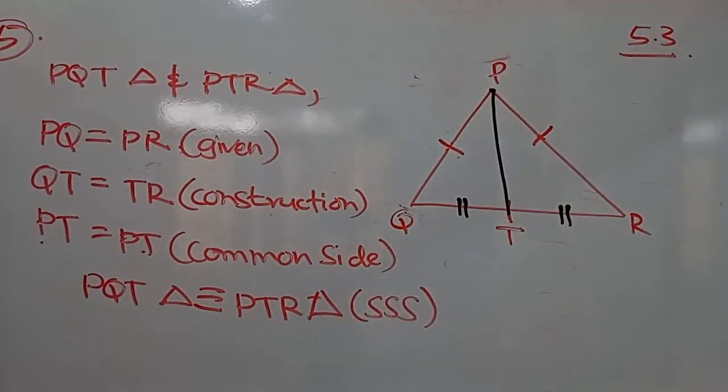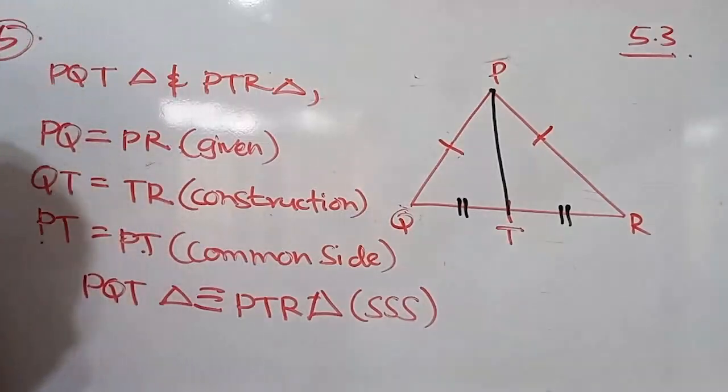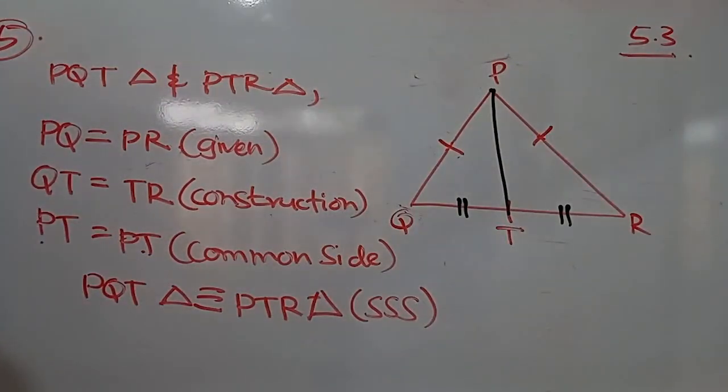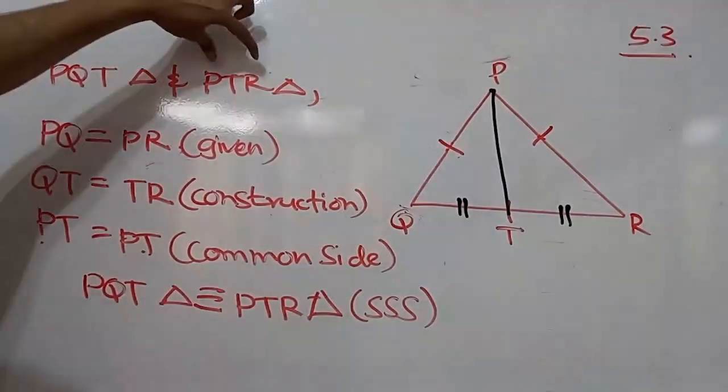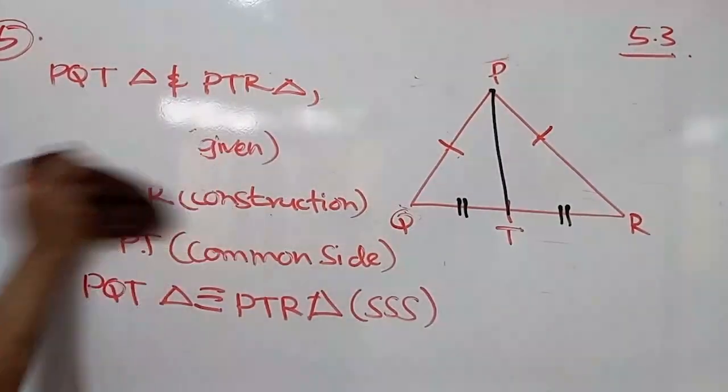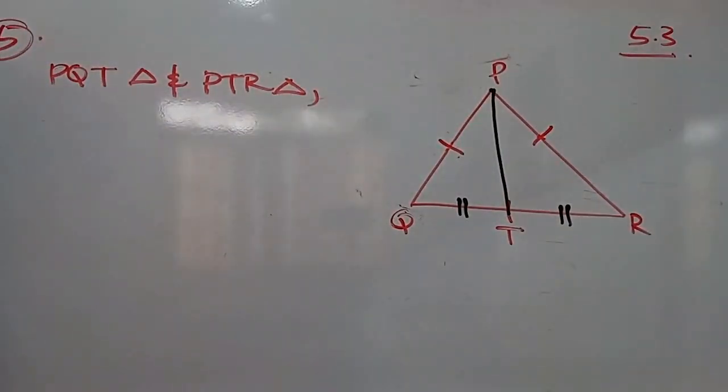Now that is not what we have to say, right? What we have to say is that these two angles are 90 degrees. Right. Now from here, let's write the corresponding elements in the PQT triangle and the PTR triangle. Let's take the PQ side. Right?